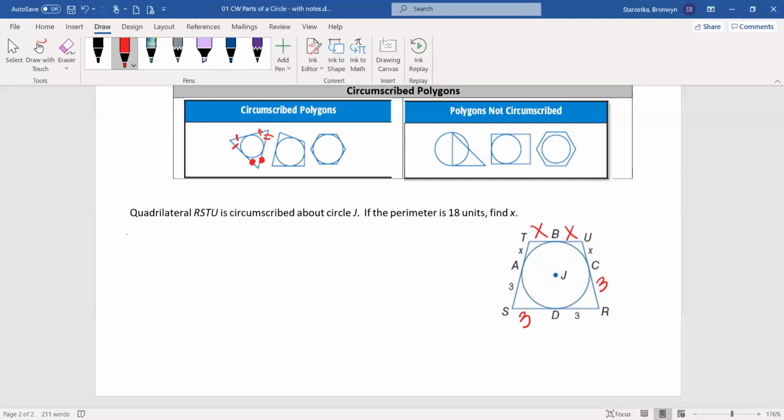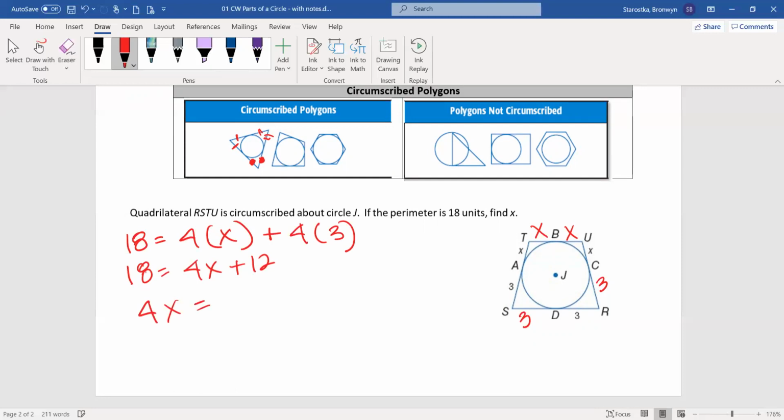Perimeter 18 equals 4 of those X's plus how many of those 3's? 4 of those 3's. We've got 18 equals 4X plus 12. Subtracting 12 from both sides, 4X equals 6, divided by 4, divided by 4. X equals, you can say 3 halves.